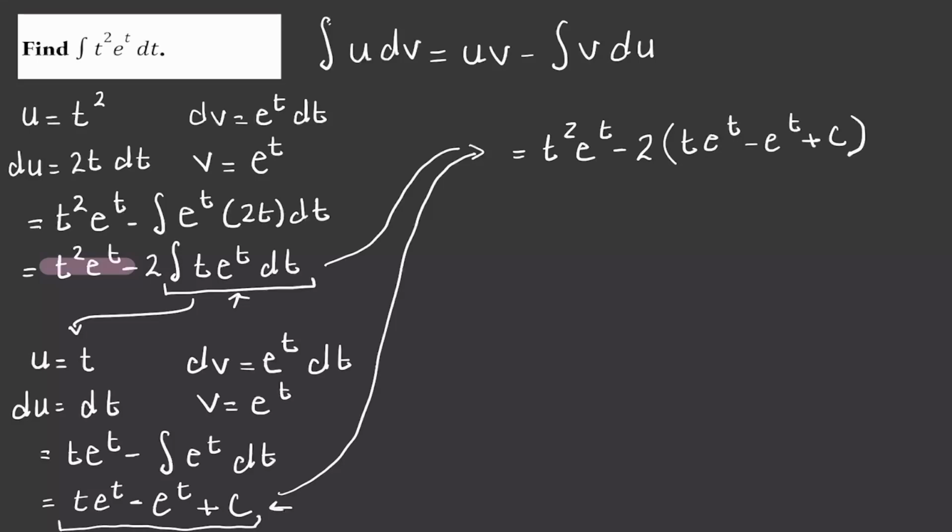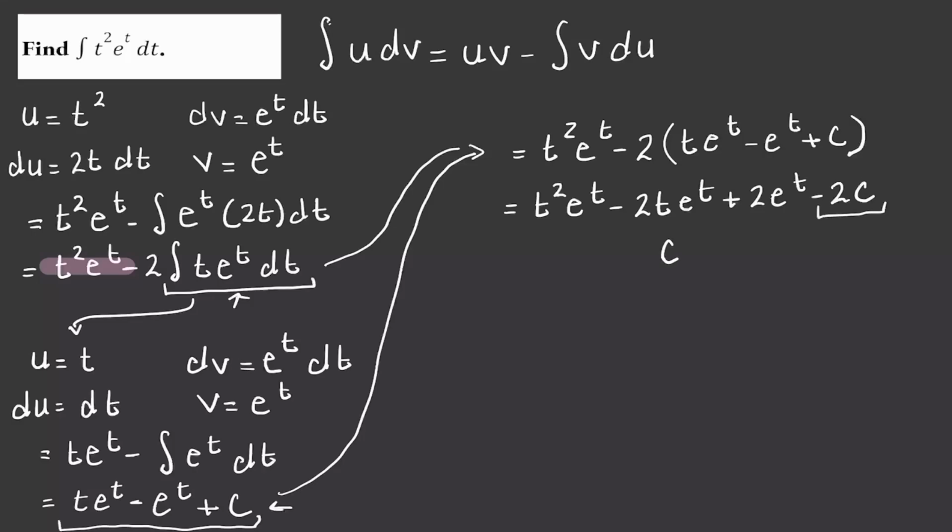Now this is our answer, but we can also just distribute the 2, and we can obtain t squared e^t minus 2t e^t plus 2e^t minus 2c. Now some people like to put this minus 2c just as a plus c.